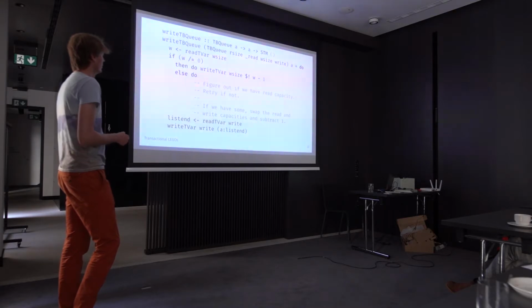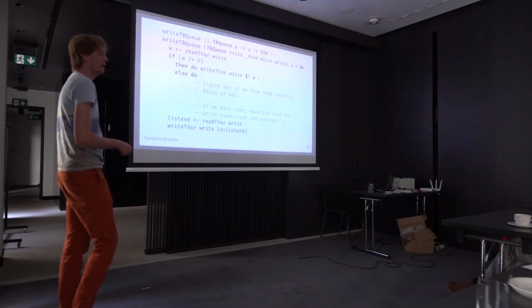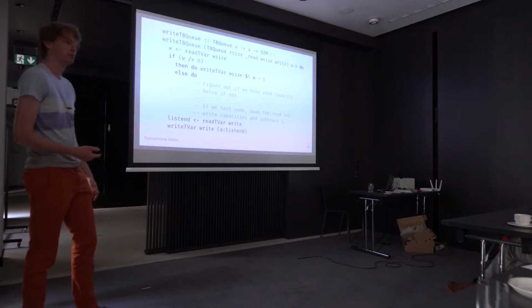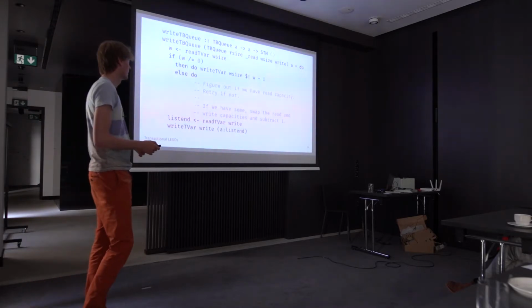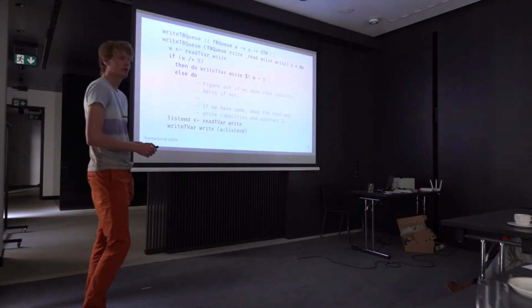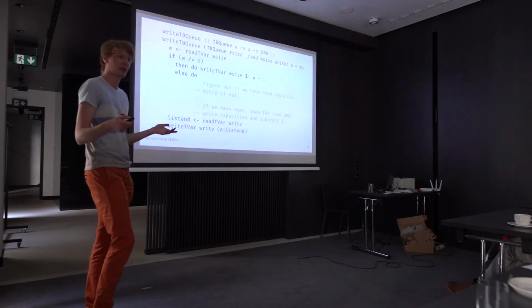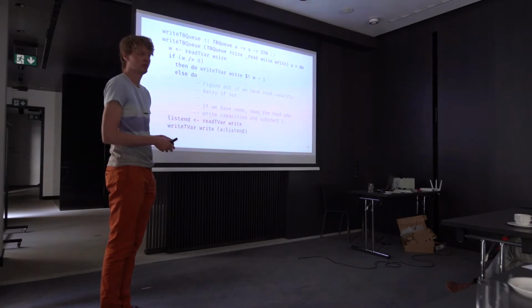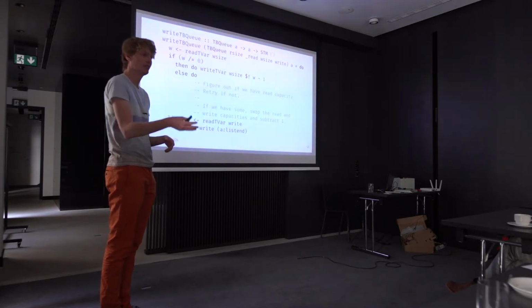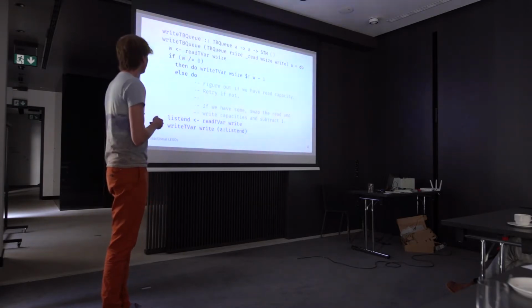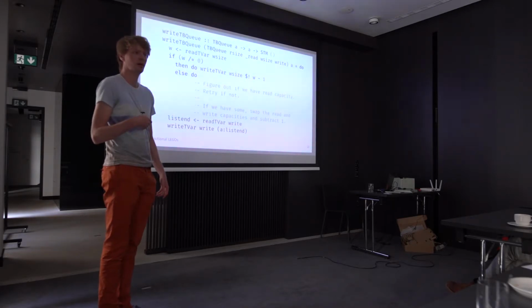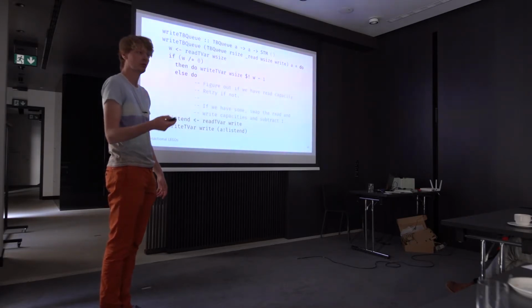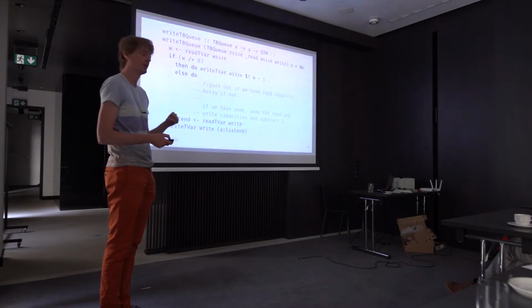Otherwise, we need to figure out if we have read capacity. So that means this is the case where we have written items to our queue. Let's say we've written 10, our queue has capacity 10. Then W will be equal to 0, meaning we don't have any write capacity left.